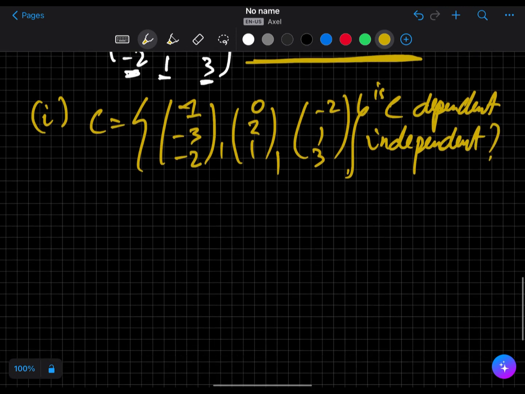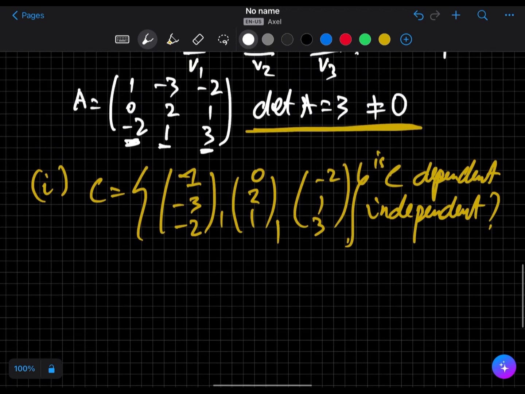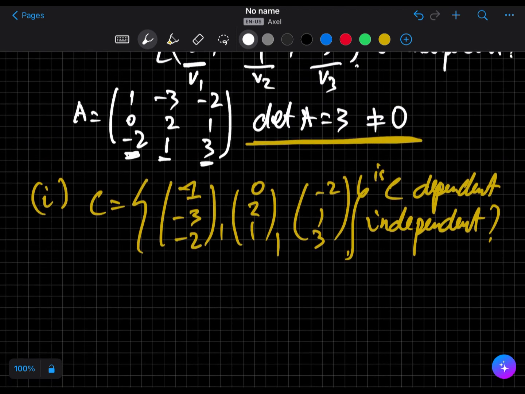Now, since we have this question, we also need to have a close look at this. If you look at these vectors V1, V2, V3, you will see that they represent the columns of the transpose of this matrix.